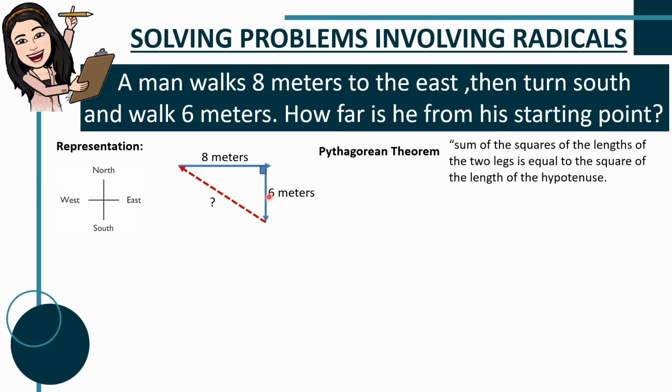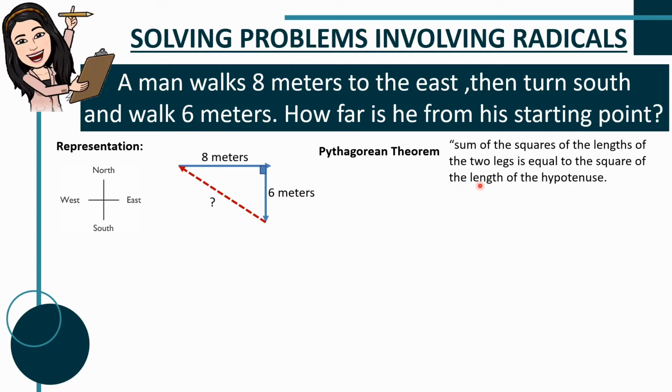Alin ba yung two legs natin? Okay, ito po yun. This one and this one. Ito yung leg 1, shorter leg, and this is the longer leg. Is equal to the square of the length of the hypotenuse. Where is the hypotenuse? Okay, ito po yung hypotenuse, the longest side, o yung naka-slant. Okay? So, that is the hypotenuse.